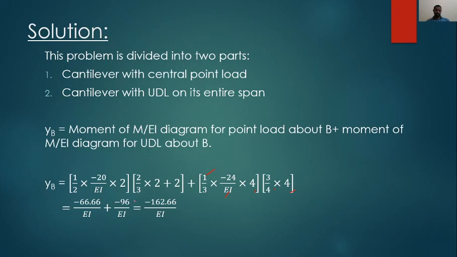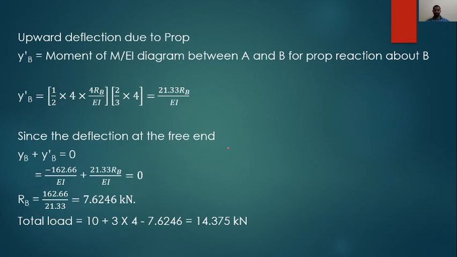Now simplifying, finally we get 162.6 by EI. This is the downward deflection due to load, that is both point load as well as UDL. Let us have Y dash B as the upward deflection due to the prop reaction.